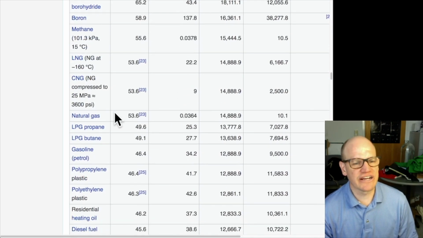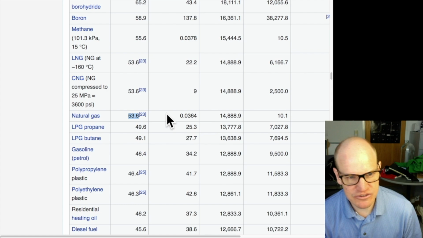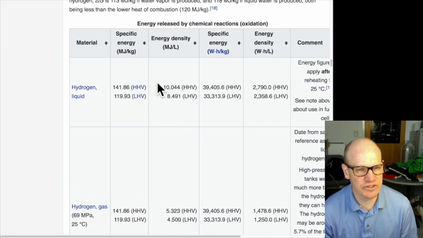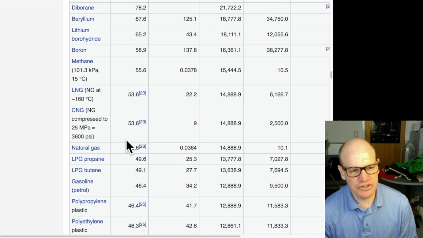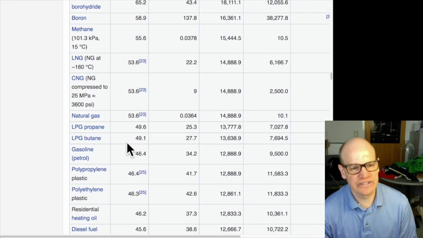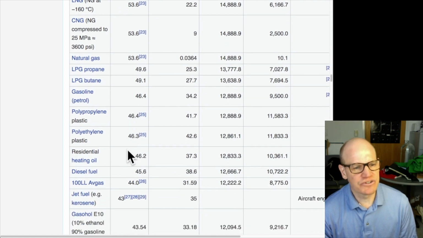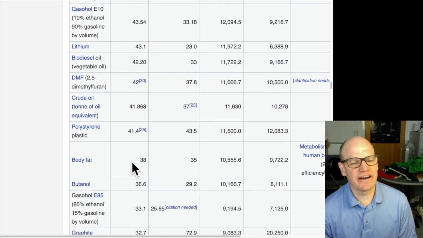So let me come down here. What do we got? Natural gas right here. So this quantity right here, 53.6, that is megajoules per kilogram. Pretty sure that's megajoules per kilogram. Yes, megajoules per kilogram. So natural gas is 53.6 megajoules per kilogram. And if we come down to gasoline, it's not as energy dense. So there's that. If you come down to body fat, 38.